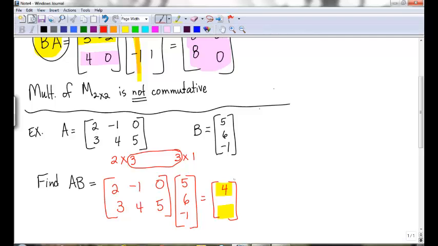Go to the next row, times this column. 3 times 5, 15. 4 times 6, 24. Add them together, 39. Then 5 times negative 1, negative 5. 39 and negative 5, 34. There's some mental arithmetic. If you want to jot it down outside, that's fine with me. That's not going to hurt anything.